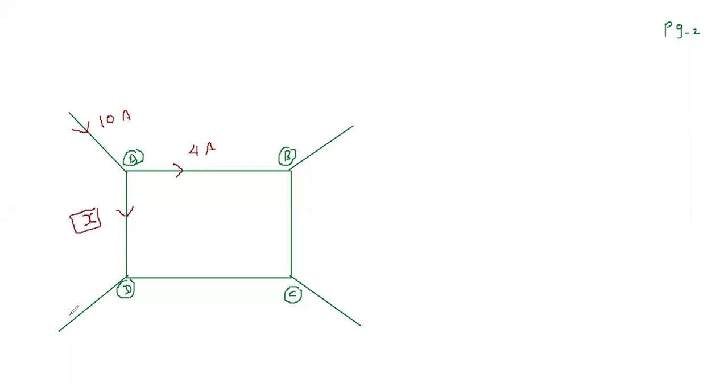It has junction A, junction B, junction C, junction D. Assume 10 ampere current is flowing towards junction A, 4 ampere current flows in this direction, and assume this one is X. 3 ampere current is coming towards D, assume it is Y. 1 ampere current goes away, assume it is Z. And assume this one is M. Question: find the values of X, Y, Z, and M.